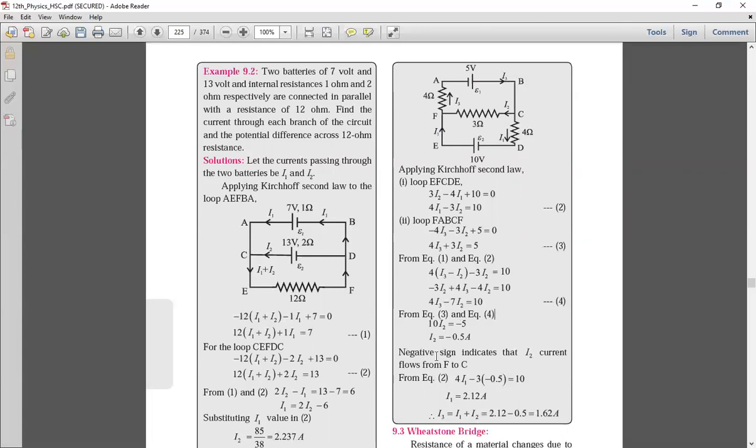So here I2 comes as negative. Where is I2? This one. As I2 comes negative, the direction of I2 you assumed is not wrong, it is just coming as opposite. So don't worry, a negative or plus sign in the current, the teacher will not cut your marks. I1 is coming as positive, so the direction you assumed for I1 is the same.